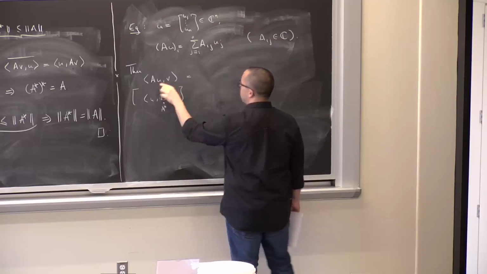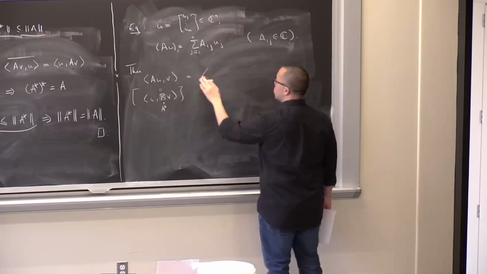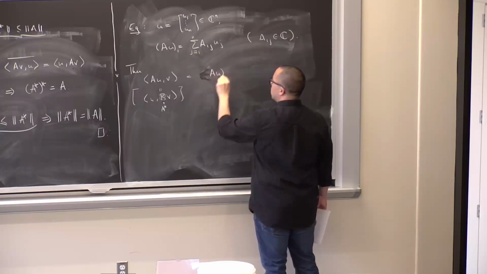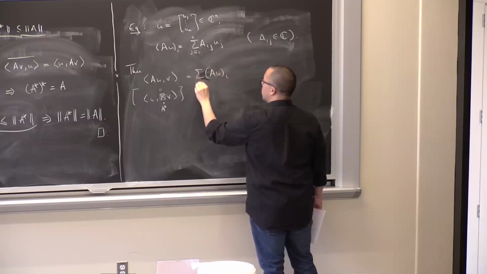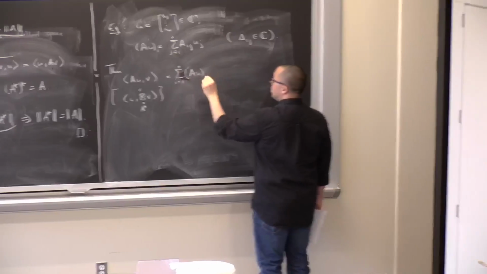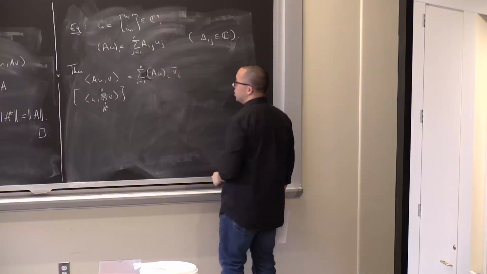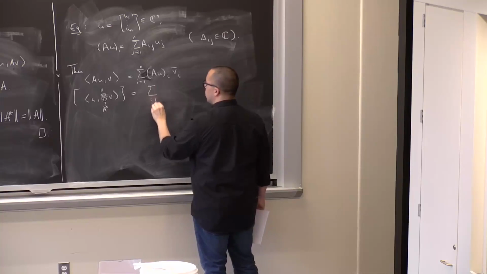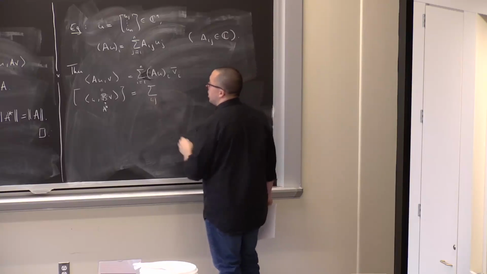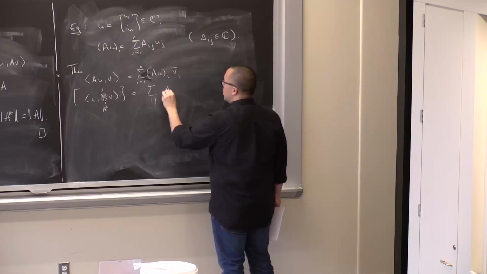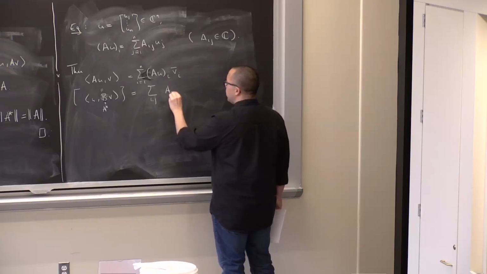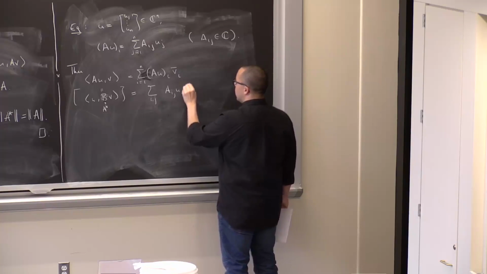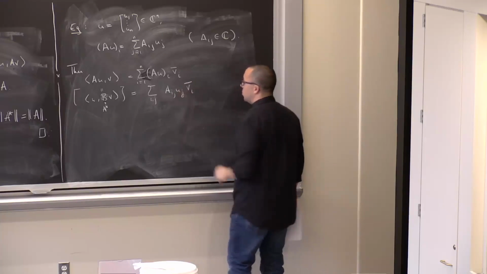So if we write A U inner product V, this is equal to the sum i equals 1 to n of (AU)_i V_i complex conjugate, and this is by definition equal to, I'm just going to write the sum over i and j, going from 1 to n, of A_ij U_j V_i complex conjugate.